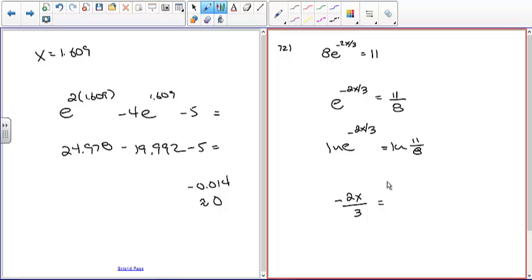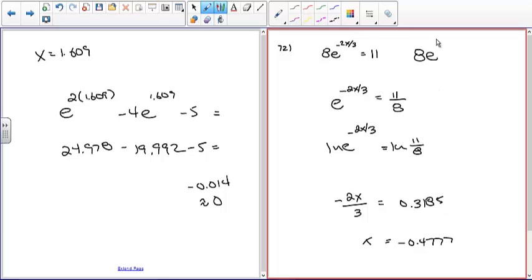Let's do that. Natural log of 11 divided by 8 is 0.3185. So x, I multiply that by 3 divided by 2, and I get negative 0.4777.